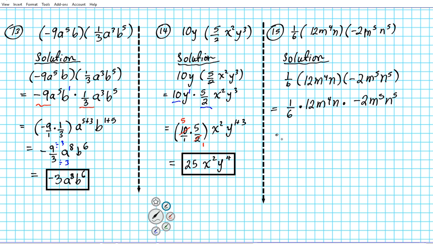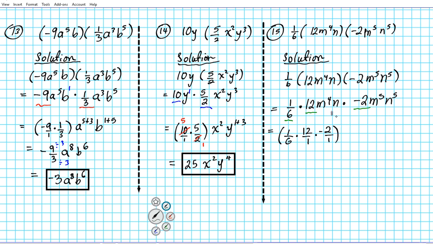Okay, so applying the product property of exponents, we are going to multiply the coefficients first. So 1/6 times 12 times negative 2. If we multiply all those together, we have 1 over 6 times, we can write 12 as a fraction, 12 over 1 times negative 2 over 1, okay?